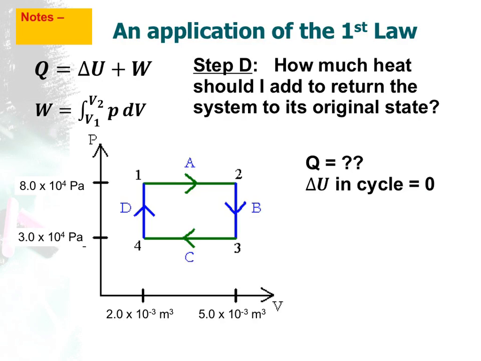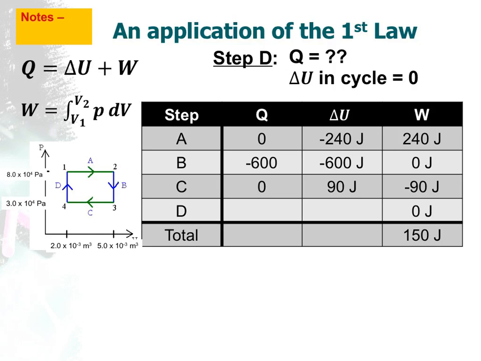Okay, now in order to do this, I have to pull some information in from my other 3 steps. So I'm going to supersize my chart here, my organizer, and organize this into 4 different steps, A, B, C, and D. These are all pieces of information that we pulled from previous graphs, or the previous slides, excuse me.